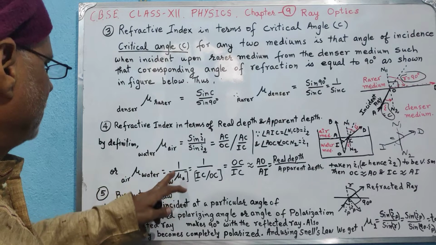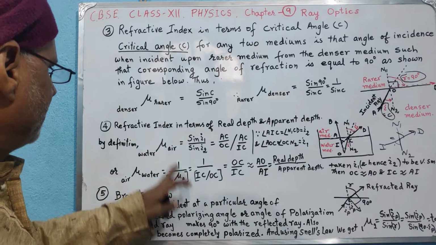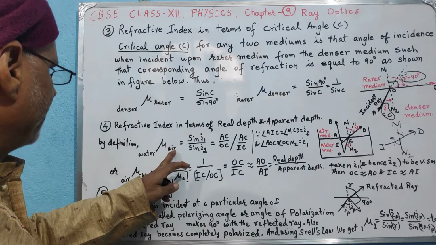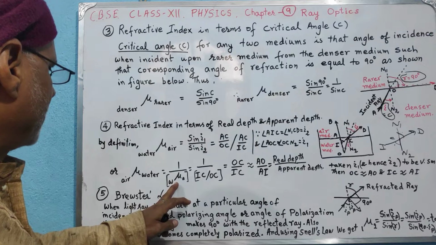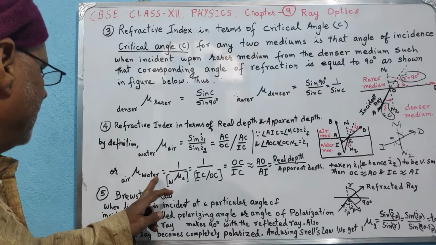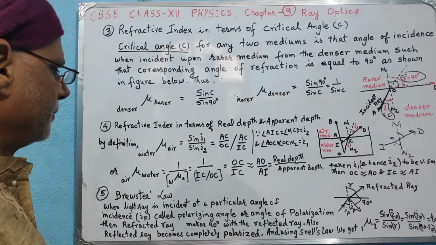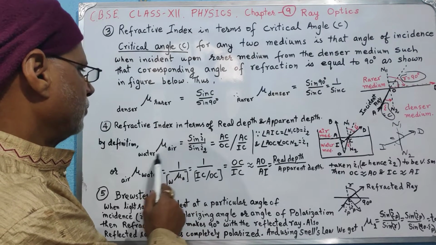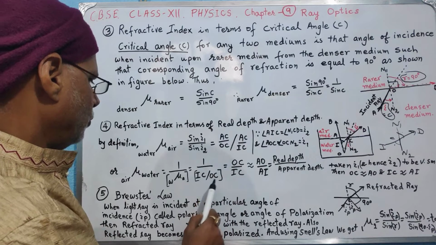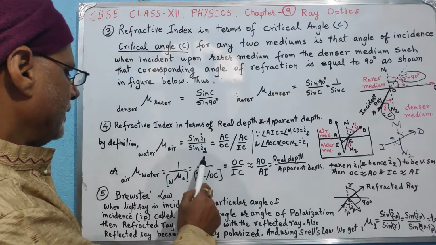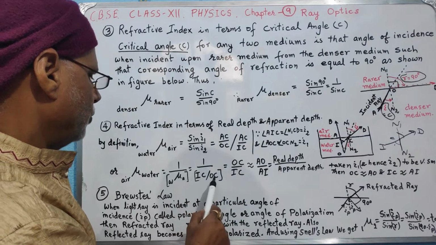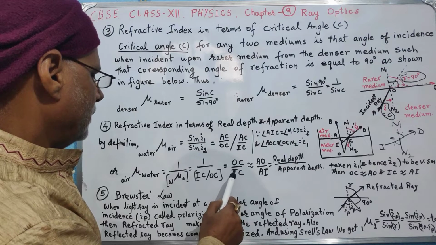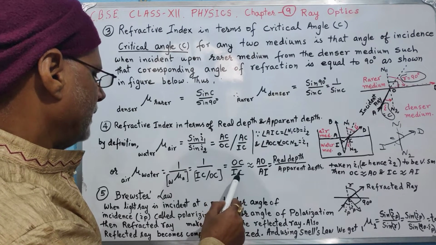This value, the refractive index of air with respect to water, must be reciprocated to have the refractive index of water with respect to air, and that refractive index of air with respect to water is nothing but IC by OC. So we write it like 1 by IC upon OC, and on rearranging we get OC upon IC.